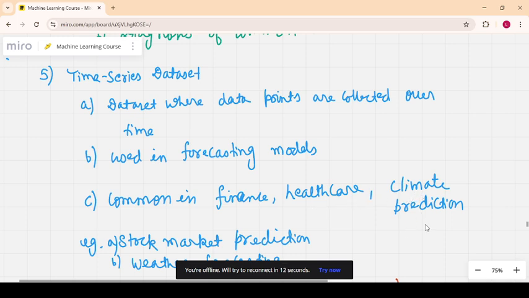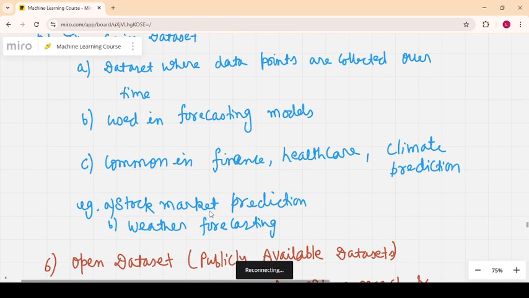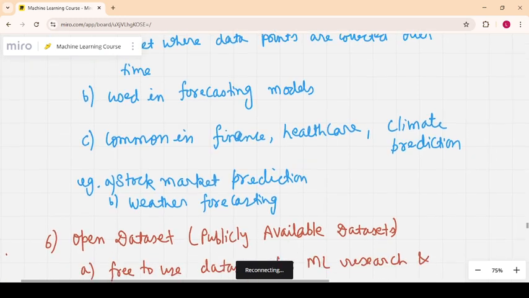The same goes for climate prediction: you need to take data over a period of time because every period differs. So time becomes more useful when building models for forecasting, finance, healthcare and climate prediction, like stock market analysis, where we need to incorporate time.